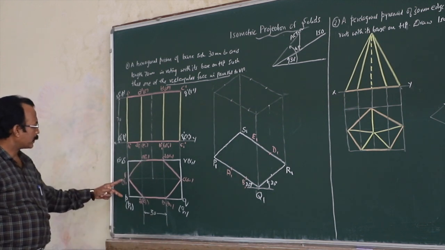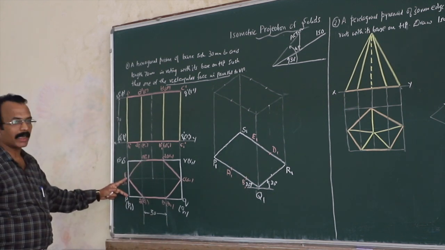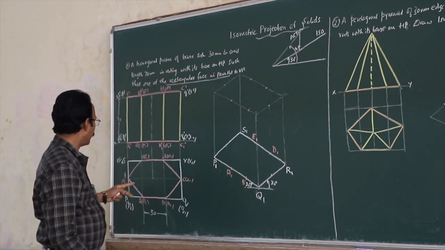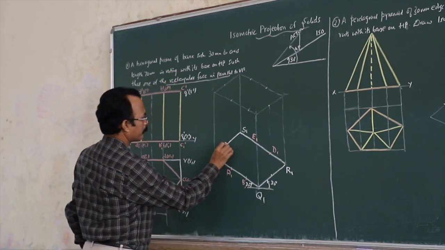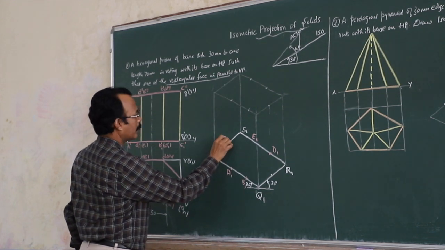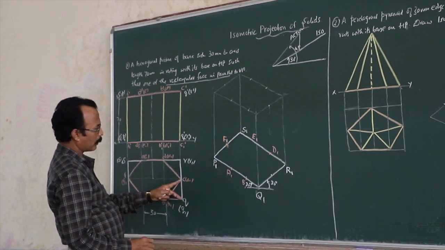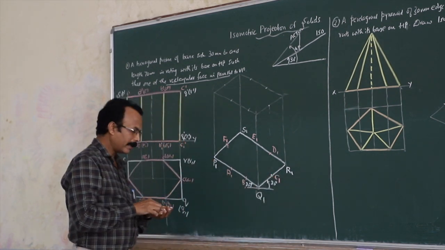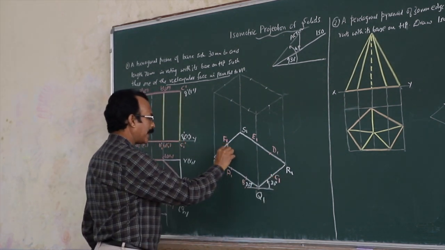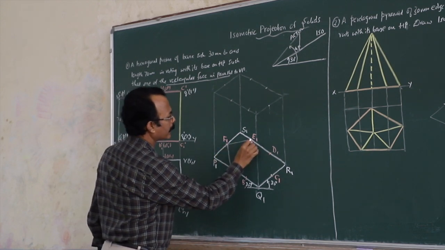Then you take this distance P1 F1, get it converted and mark it on P1 S1 here. This is your F1. Same distance will be Q1 C1 here. Okay. Then with light lines, you just complete this hexagon here.